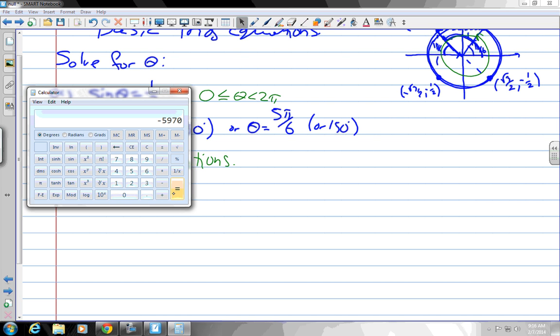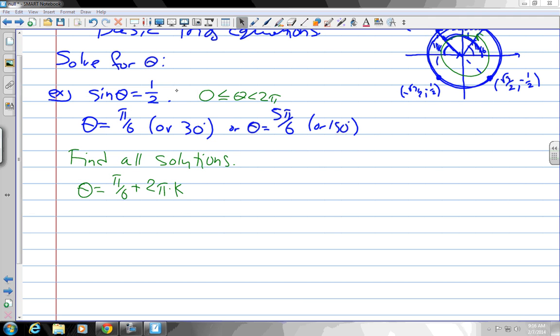So here we go. In degrees, and if I hit sine of that, and we don't get 1/2, we get to go home. All right. So does that make sense? So plus 2 pi k, or depending on your measures, 30 degrees plus 360k.